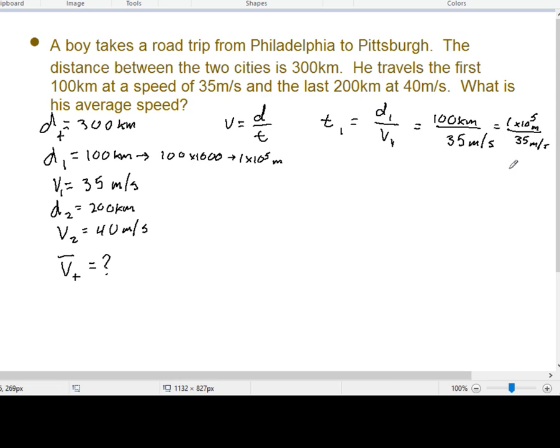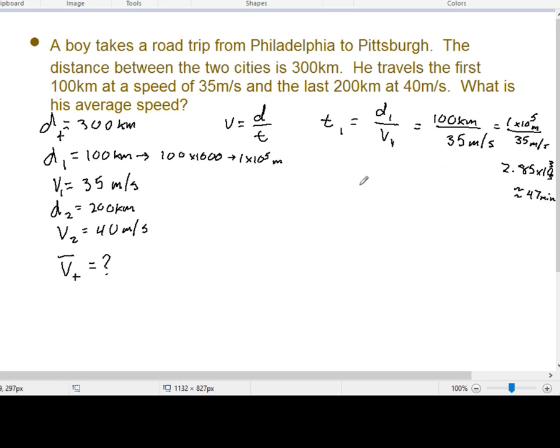Okay, and I get 2.85 times 10 to the 3rd seconds. Now probably nobody would say that many seconds. So if we divided that by 60, we would have how many minutes that is. It'd be 47 minutes. They didn't ask us for that, but I'll say approximately equal to 47 minutes.